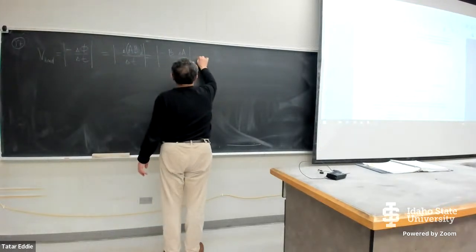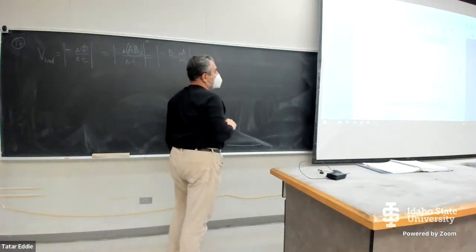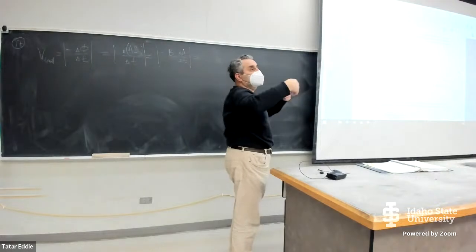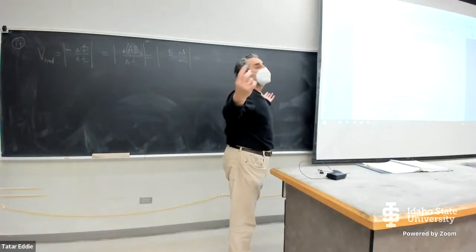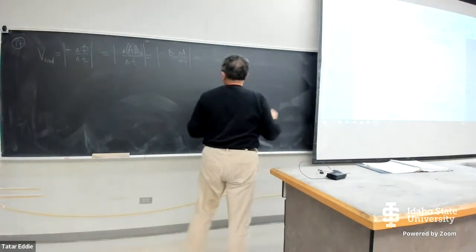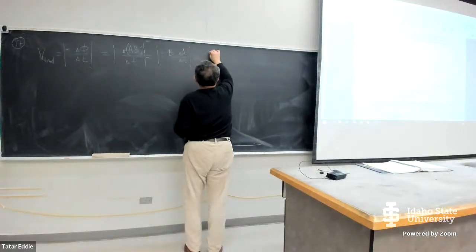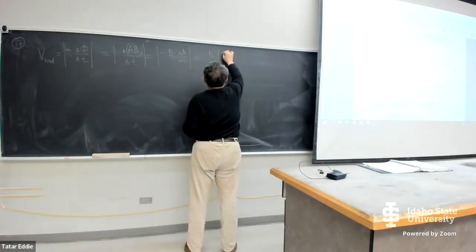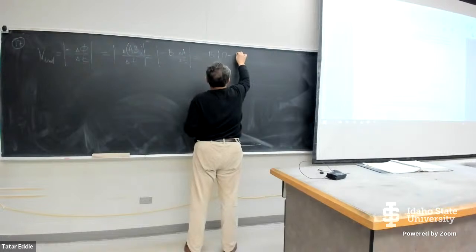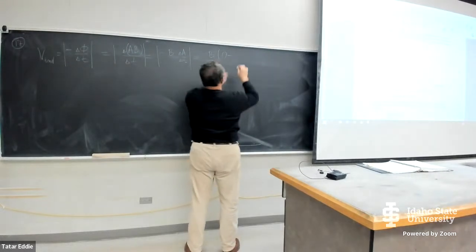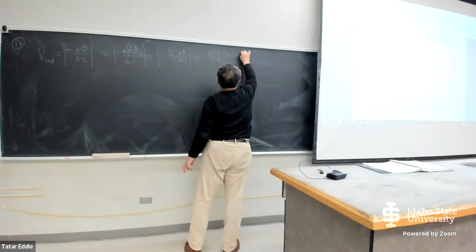And the final area of this is not a loop anymore. The area becomes 0. So the final area is 0, the initial area is pi r squared.